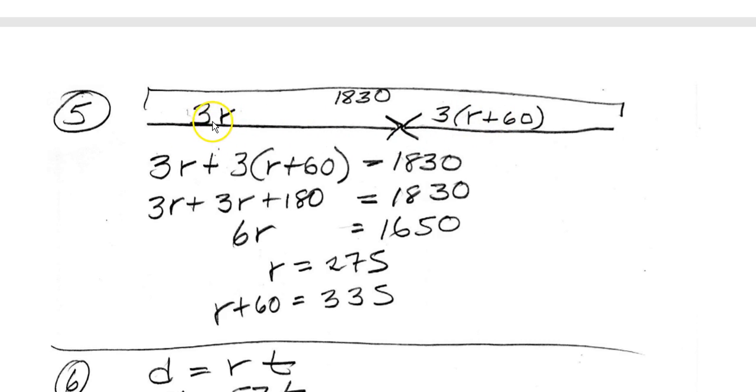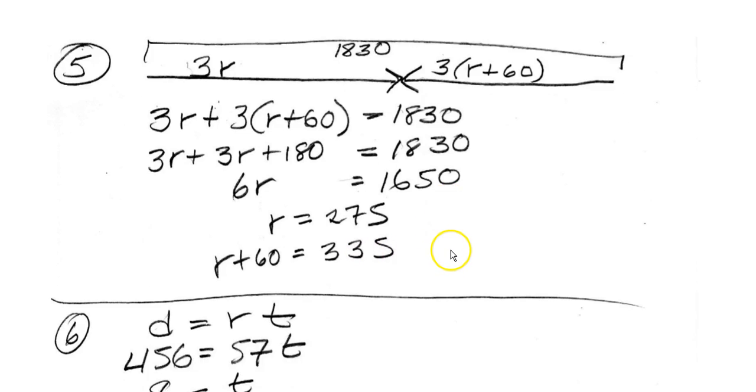Well, our equation is this, 3r plus 3 times this rate will give us the total distance. So this one was pretty straightforward. Cleared parentheses, r is this, 275. Add 60 to it, you get 335. You're going pretty fast there.